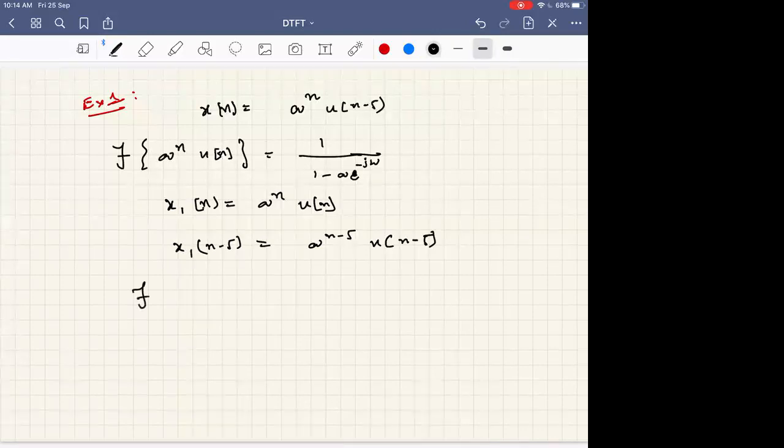Let this be the Fourier transform of x1 of n, because x1 of n I have defined like this. Based on this definition, this is what I have.